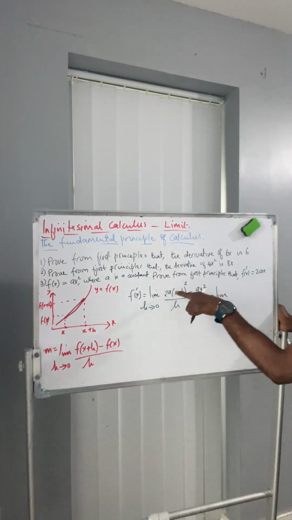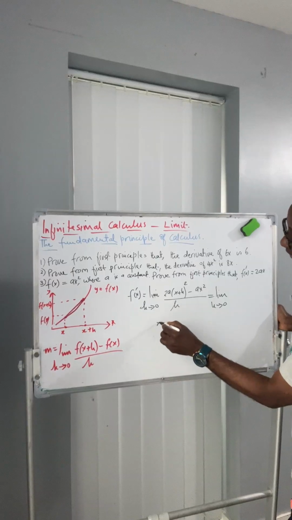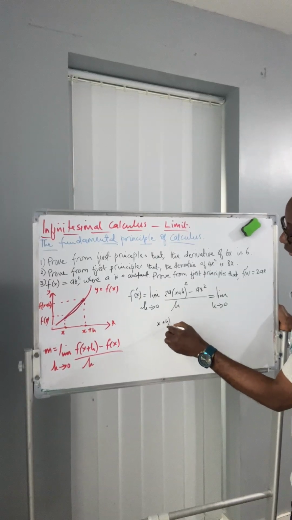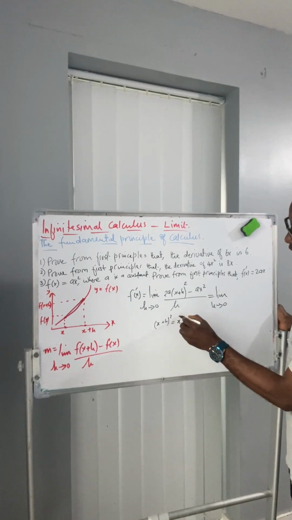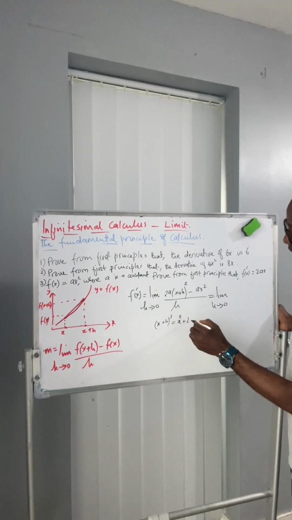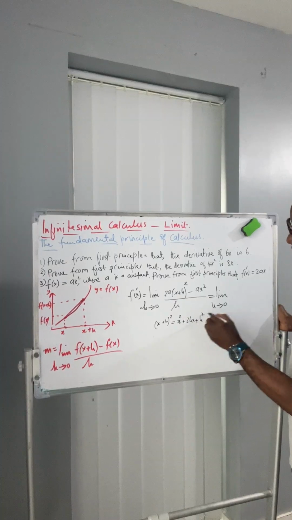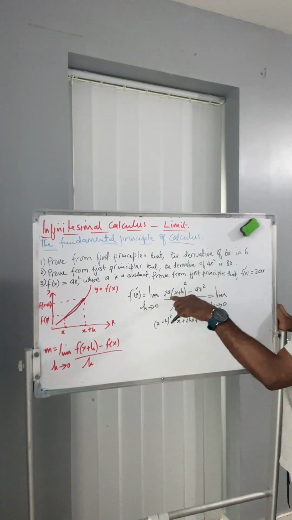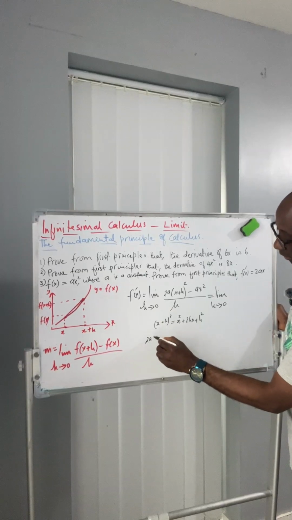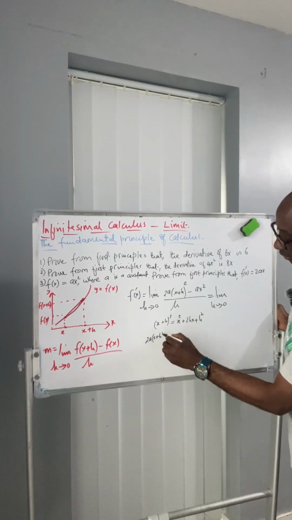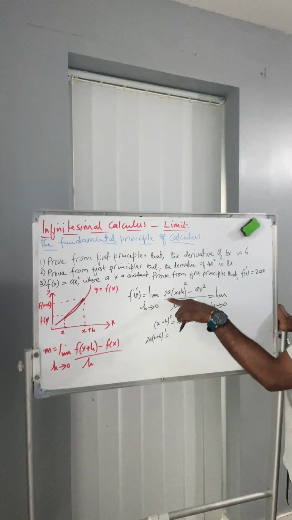X tends to 0. Let's expand this one. I'm expanding x plus h squared. This will give us x squared plus 2hx plus h squared. But then we have 2a. So this, 2ax plus h squared. So we are just multiplying by 2a.